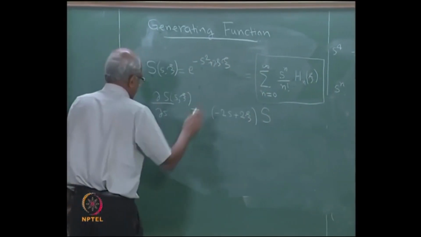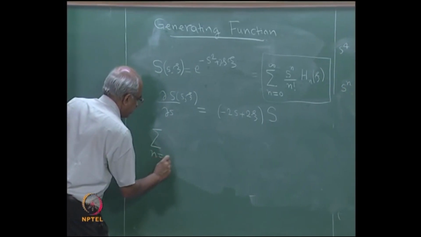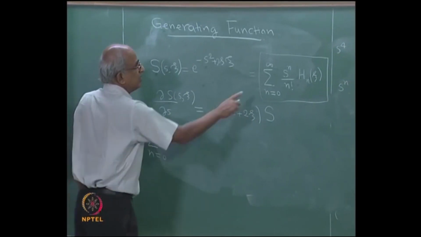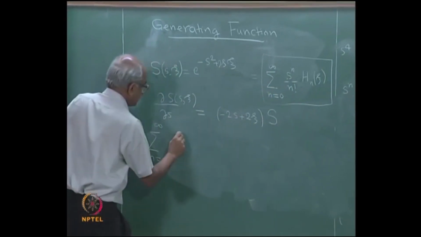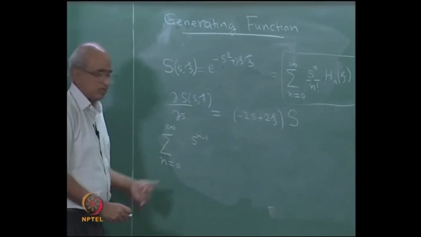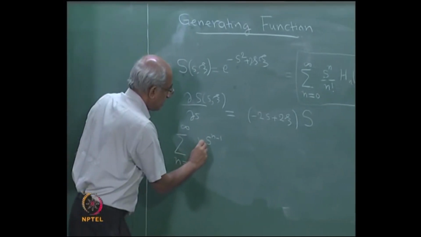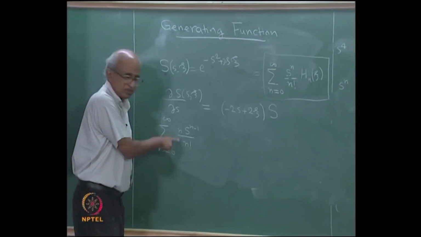So because we understand the procedure, we can proceed quickly. Sigma n equal to 0 to infinity, I have to differentiate this with respect to s. So the answer is going to be s to the power of n minus 1. One n will come down, but then you have n factorial, right. So what will happen?